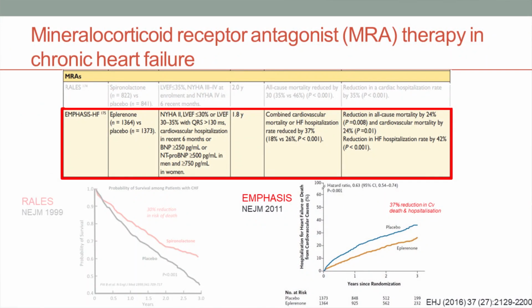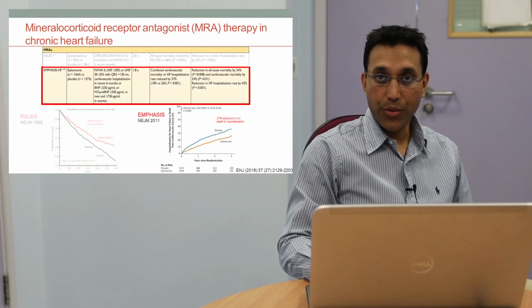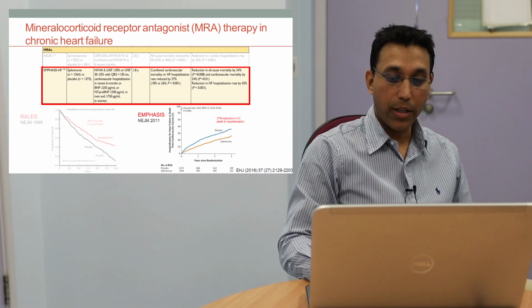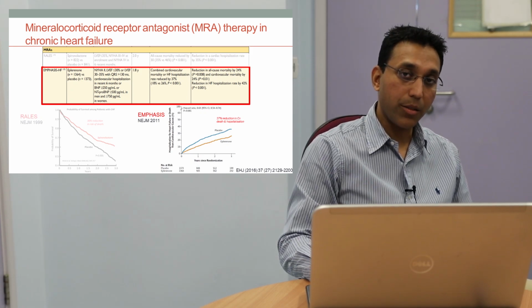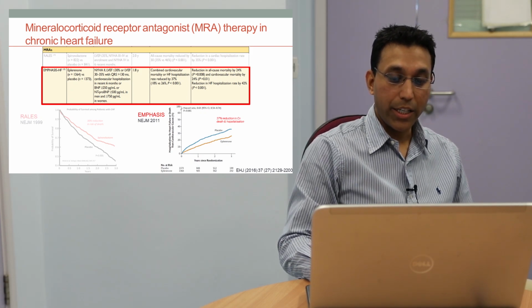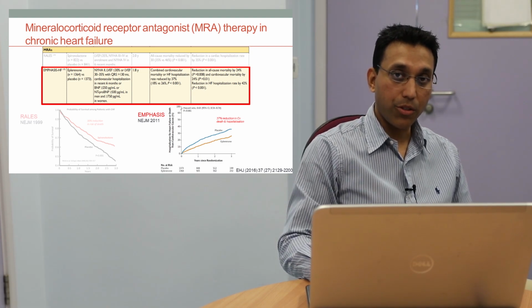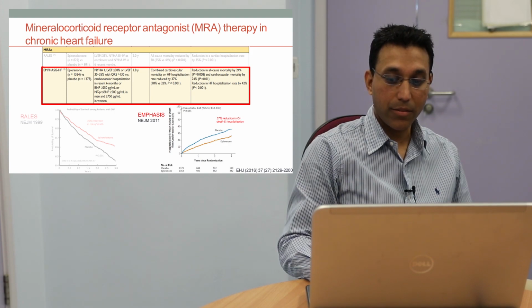The efficacy of eplerenone in patients with less symptomatic heart failure was demonstrated in the EMPHASIS-HF trial. This study enrolled just over 2,700 patients in NYHA class 2 heart failure, and either a left ventricular ejection fraction less than 30% or ejection fraction between 30 and 35% if the QRS duration was greater than 130 milliseconds.